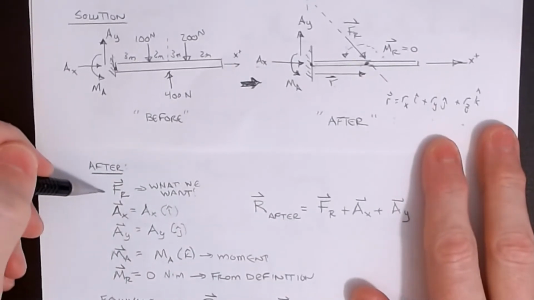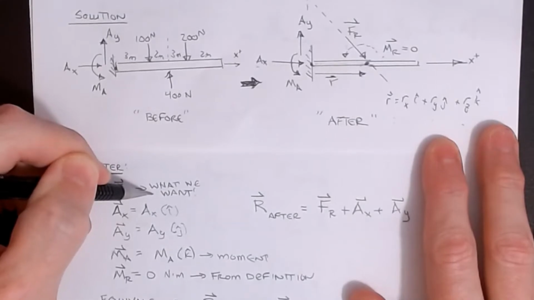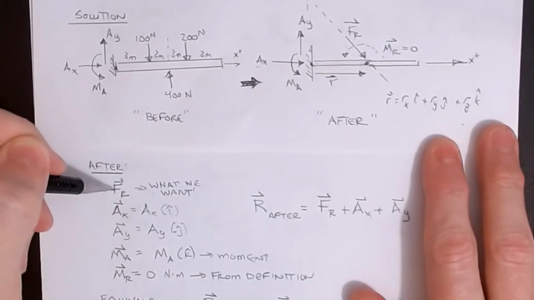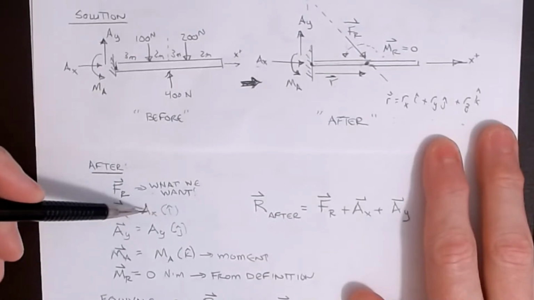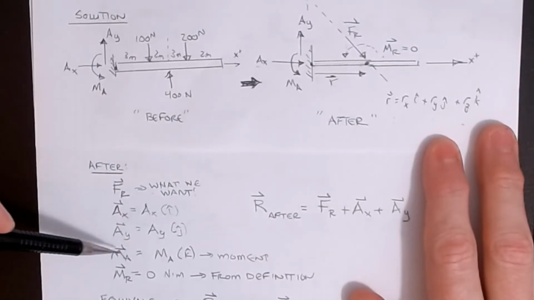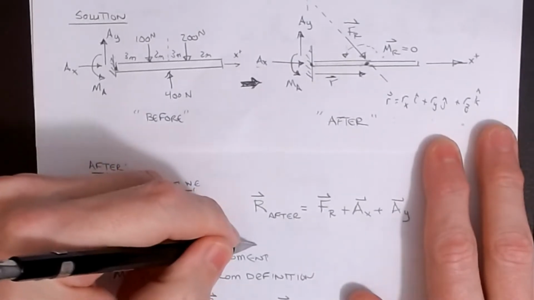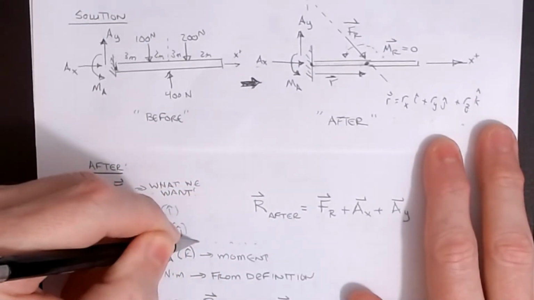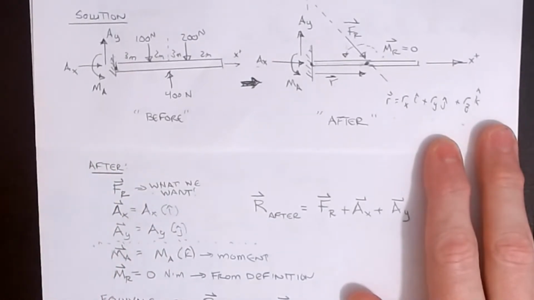So on our after picture, we have FR. This is actually what we want for our equivalent system, but we're going to write it on our picture. I have an AX to the right, which is AX times I, AY times J, MA times K. These are exactly the same as what they were before. I put a separator here so that you do your forces and your moments separately.